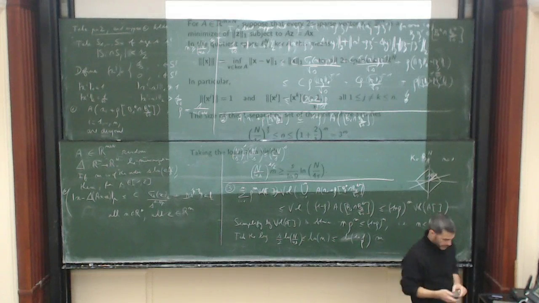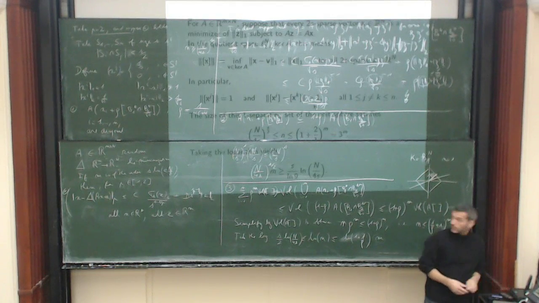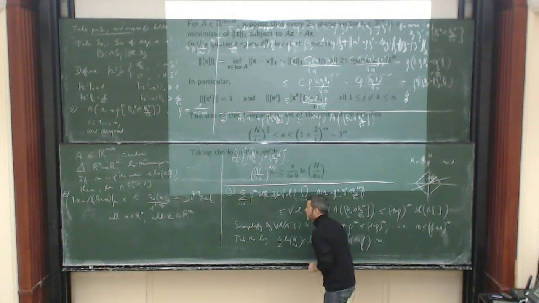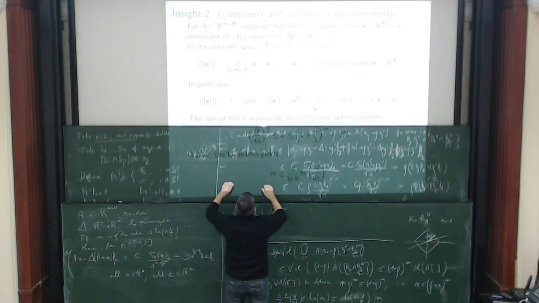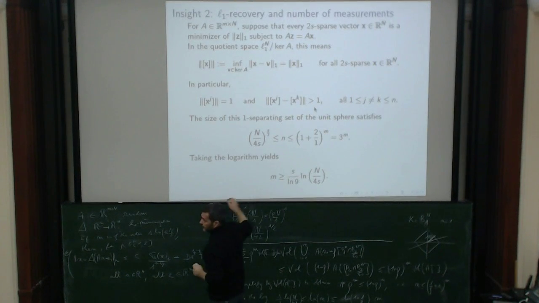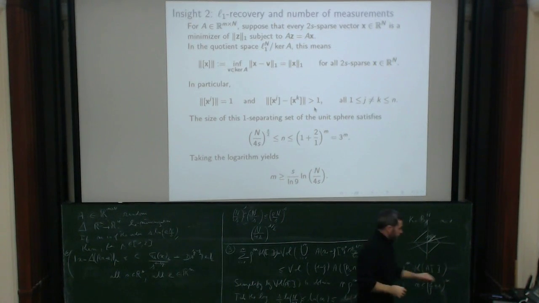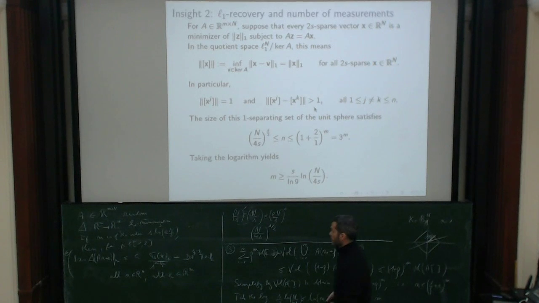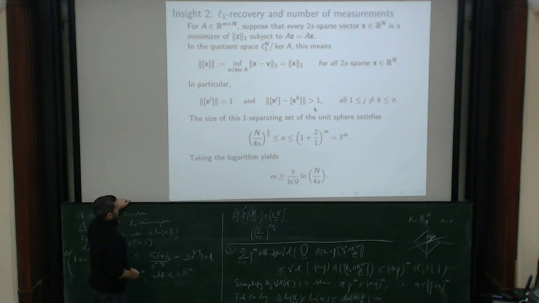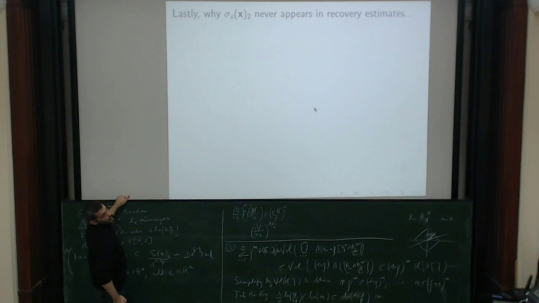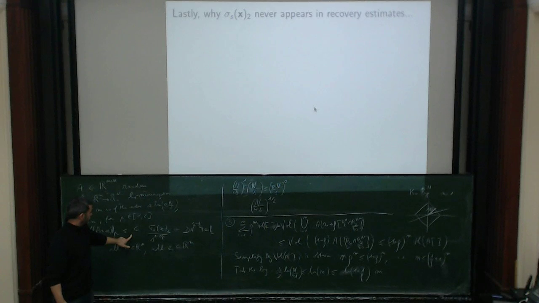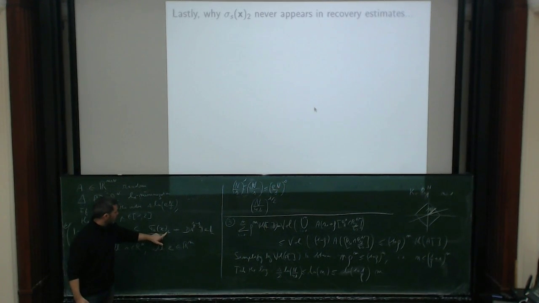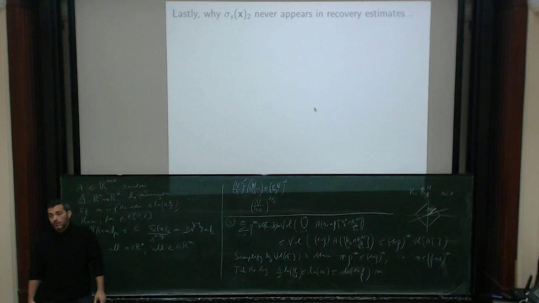And so I'm going to finish with the following remark, because you might have wondered that all week. Why, when I write those reconstruction bounds, do I always write the error of best approximation in L1 norm?